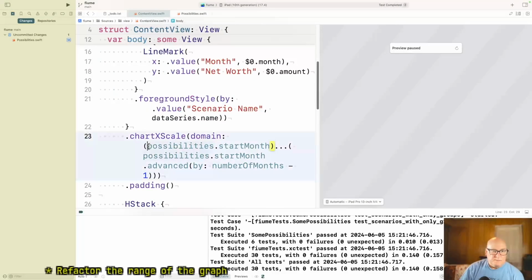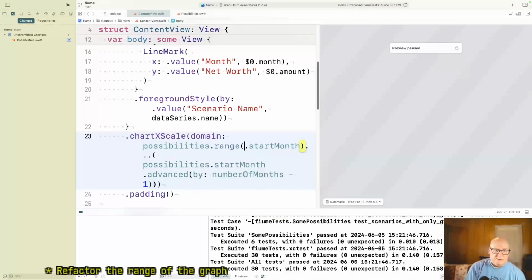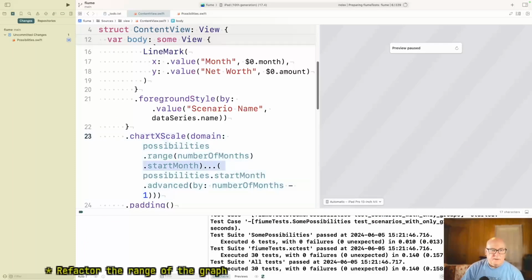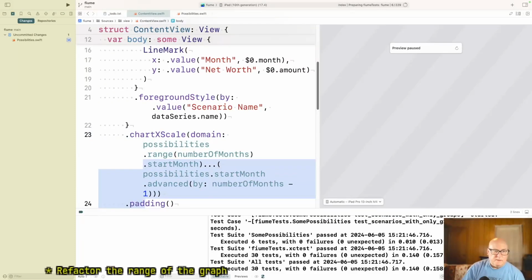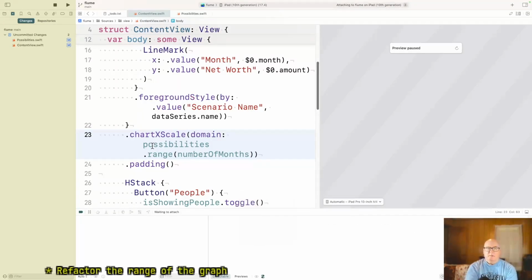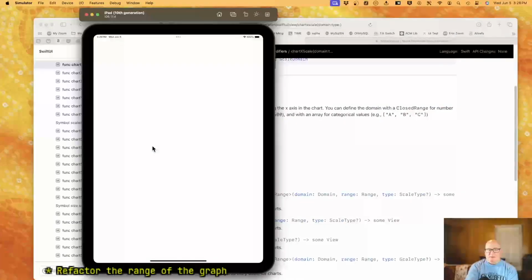This is possibilities dot range of number of months. Yeah, I mean, there might be some advantage to a zoom in.